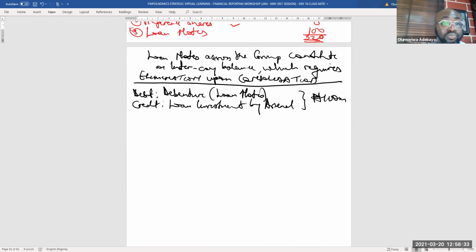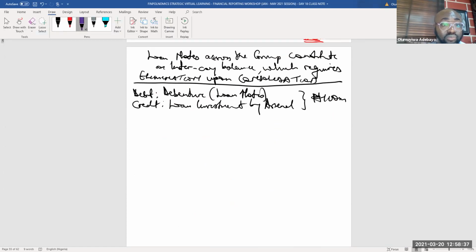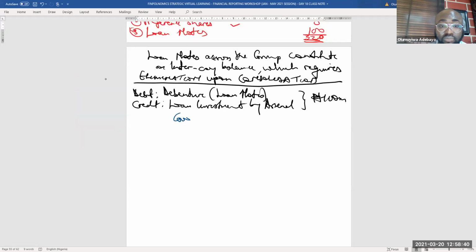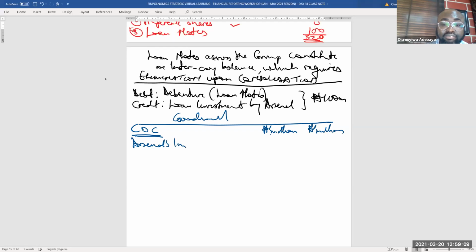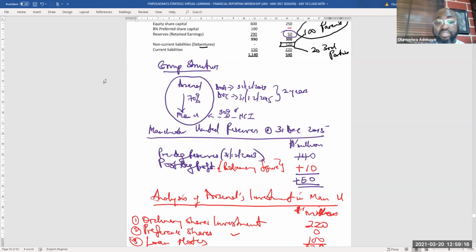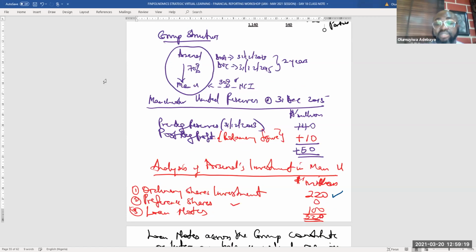Now, goodwill, if any. Cost of business combination, Arsenal's investment in Manchester United. The equity investment is 220.